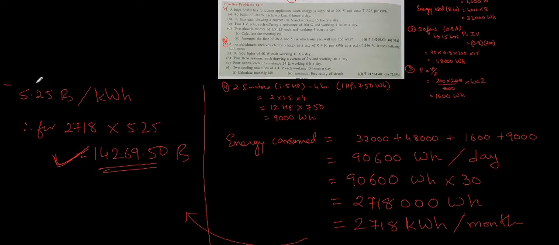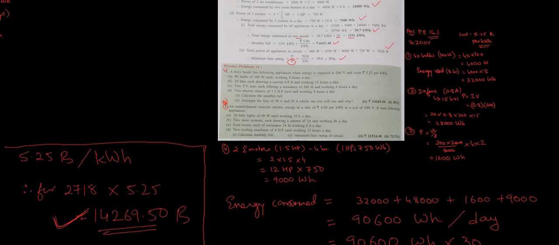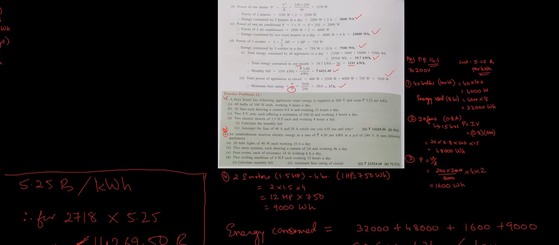So I'm just going here on the top, so it becomes easy for us to do. Number 1, how many bulbs were there? 40 bulbs multiplied by 100, that would be 4,000 watt.